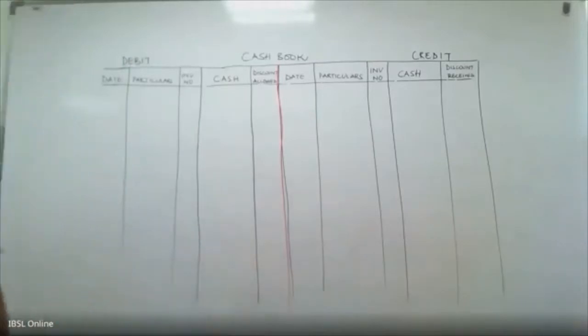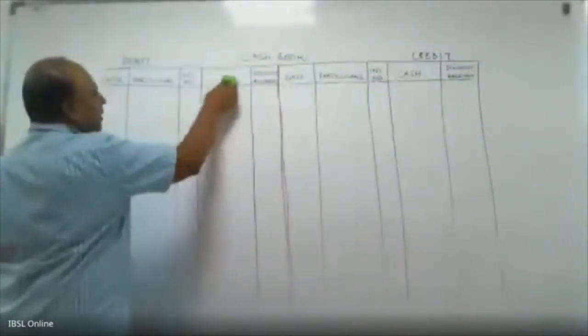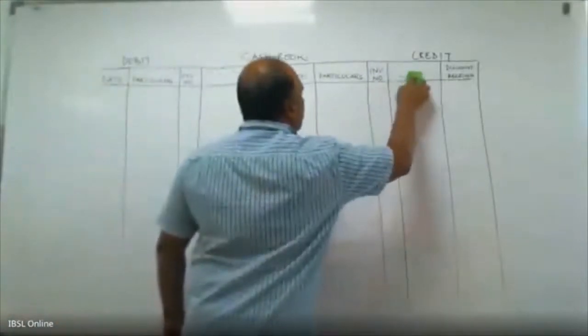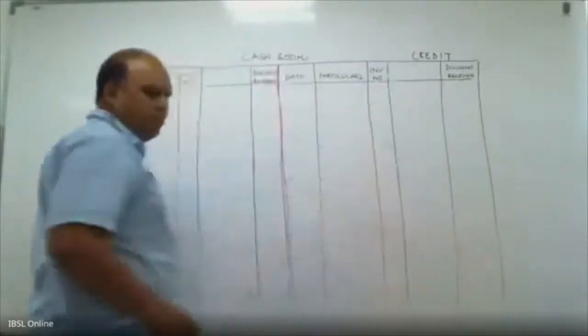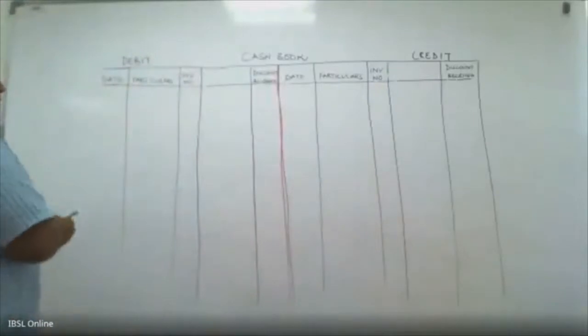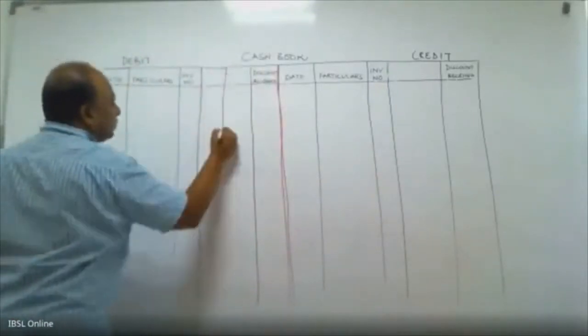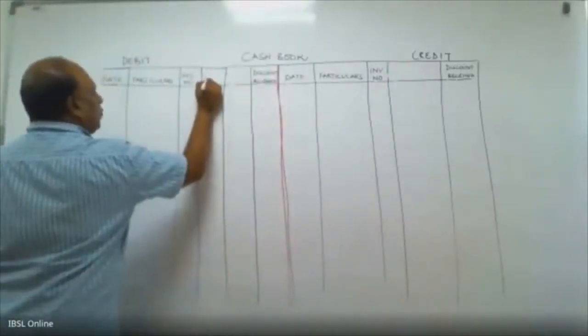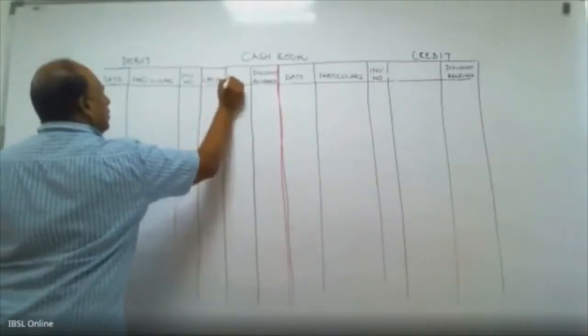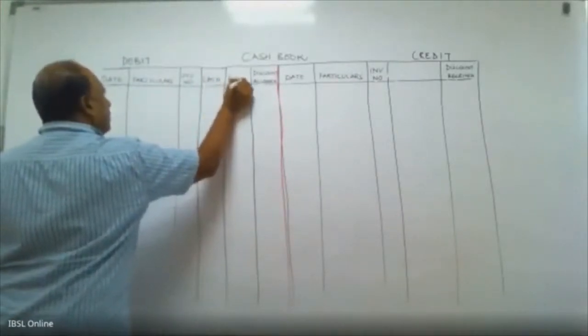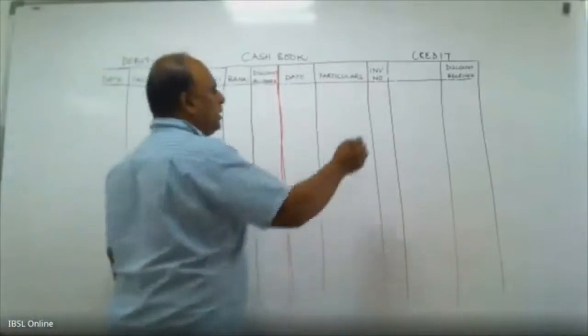But mostly what companies do is make use of both cash and bank together. So instead of having a single column, they will break it into two. One for the cash and one for the bank. That's why I didn't want you all to write this.